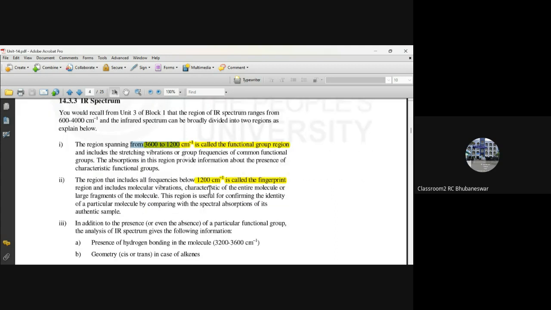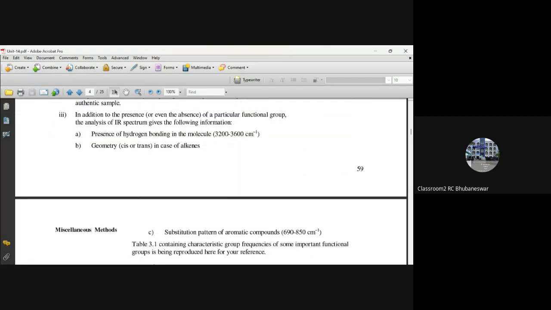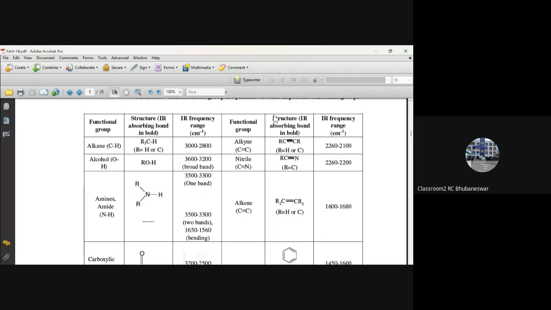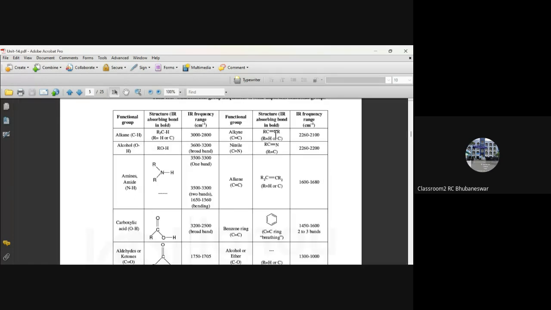So these regions you must remember, some functional groups and where they come, like it is mentioned in this table. In this table you have the information: if I have an alcohol group, where can I expect the peak to be? If I have alkane units, then in the higher frequency region, where should I get a peak? One by one we have to note that down.